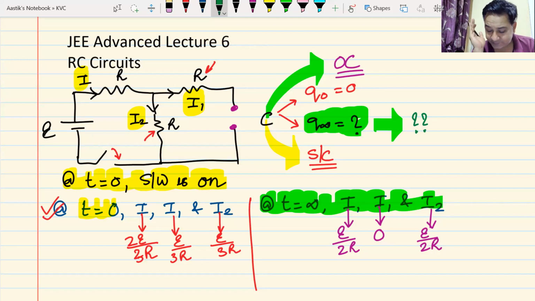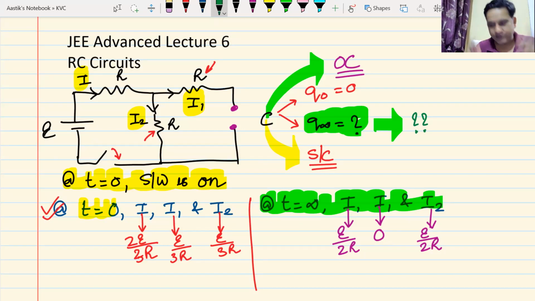We understand this? Yes, sir. At infinity, in whatever branch the capacitor is there, that branch will always behave as an open circuit.